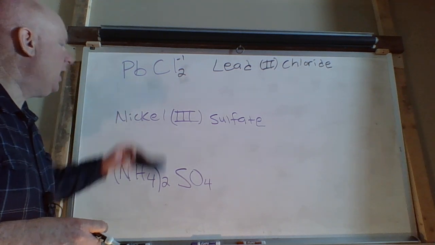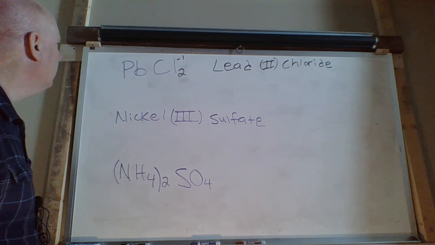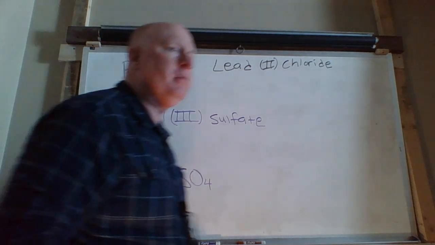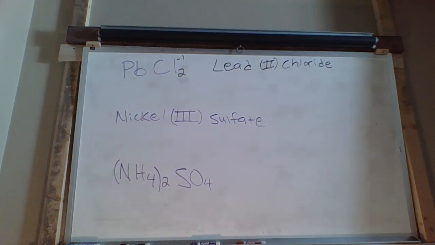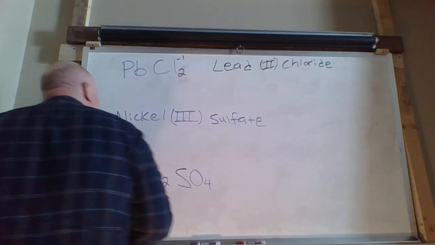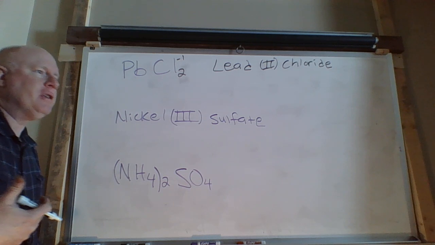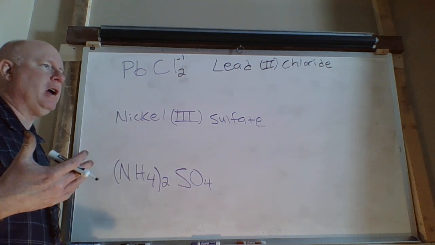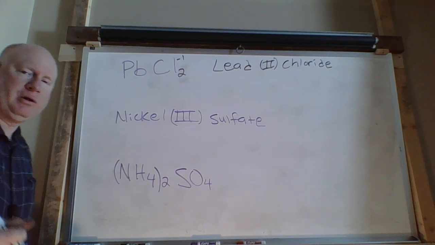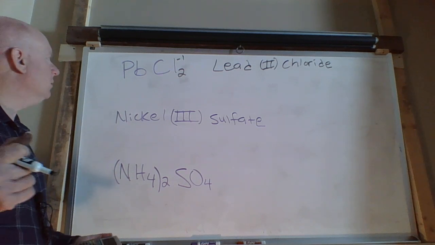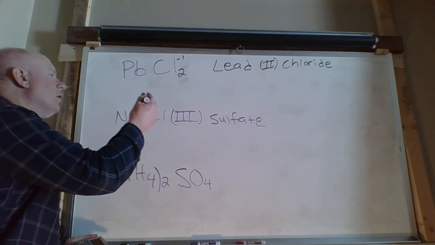So if we needed to add those together, let's see here, my calculator, lead is 207, I believe. And again, you students will probably, by the time you're done with general chemistry, have a lot of these numbers memorized, not because you were forced to, but because you're possibly using these over and over again.